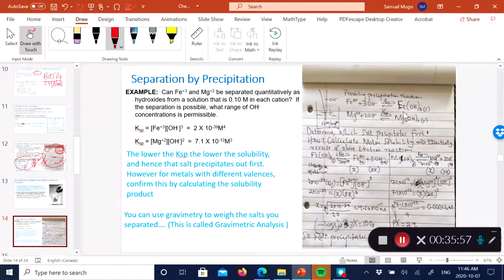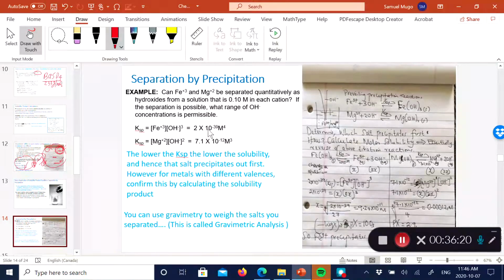So remember that. So the first thing then I need to do is to determine which salt really precipitates first. I already know the KSPs for each of those salts. So which salt precipitates first? By rule of thumb, the lower the KSP, the lower the solubility.